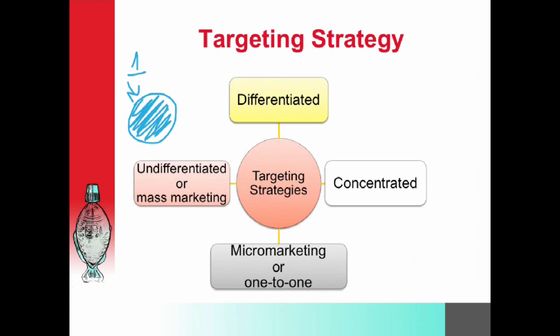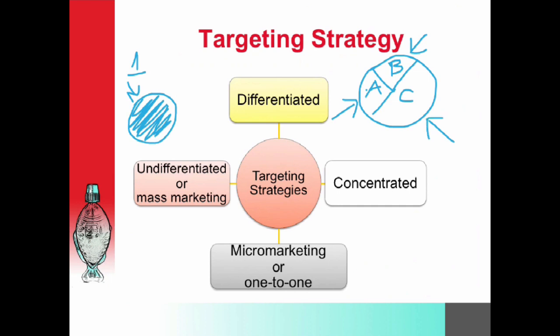Differentiated would be you take your segments, whether you have A, B, or C, and then segment A would get a certain marketing mix, B would get a different marketing mix, perhaps different products, different prices, etc. And then again, C would get a different one.